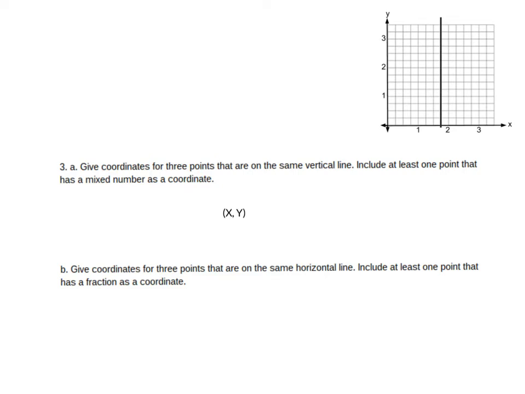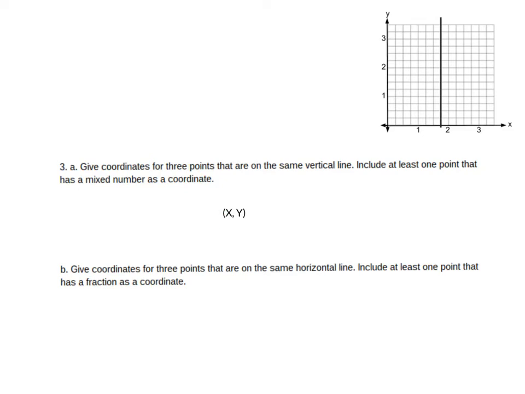What I do want you to notice is that your x coordinate has to be the same in all 3 of your coordinate pairs. So if you have a 1, 1 here and then say a 1, 1.5, and a 1, 3, that's fine as long as your x coordinate is the same. It will make a vertical line.